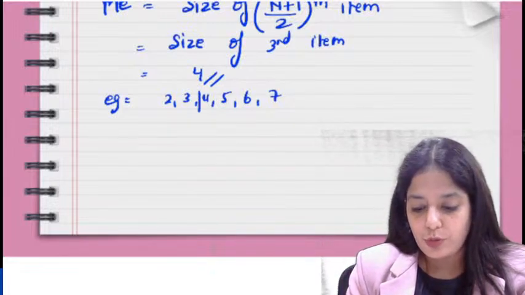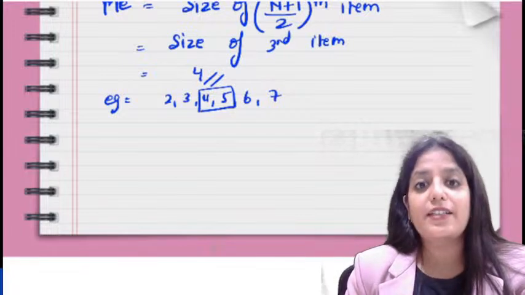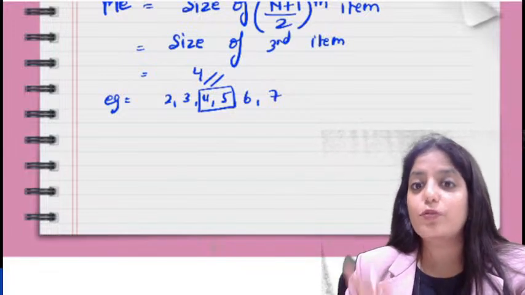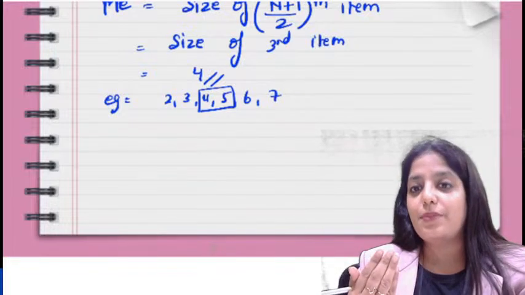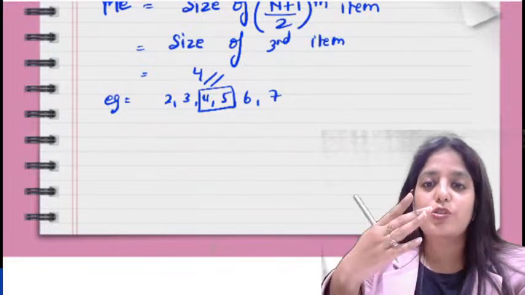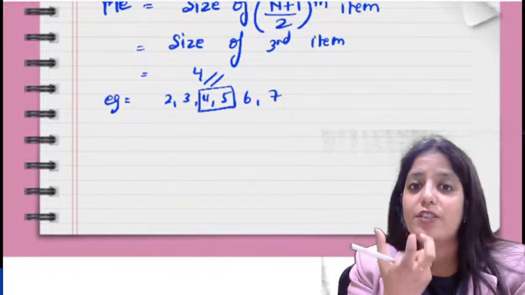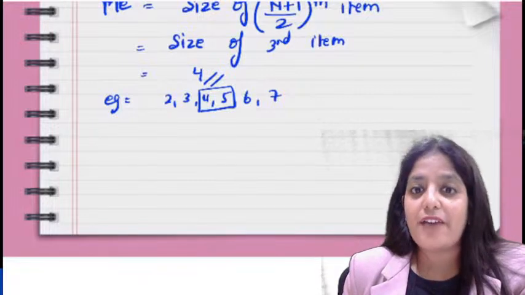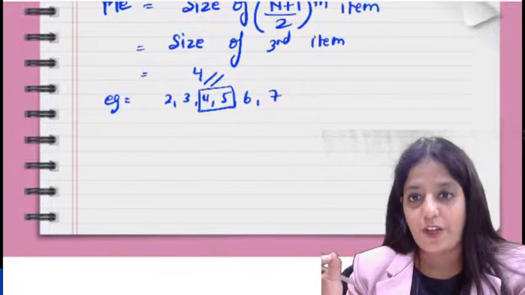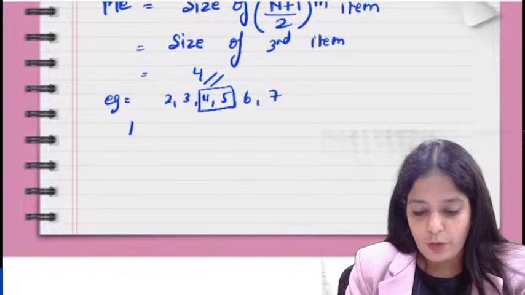So we have two observations sitting in the middle. We cannot choose one out of these two, that either 4 can be the median or 5 can be the median. We'll find the average of these two middlemost items, that is 4 and 5. So median will be equal to what?